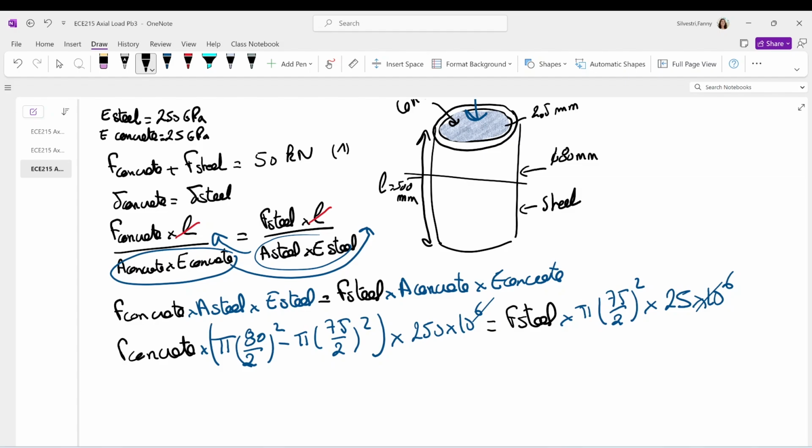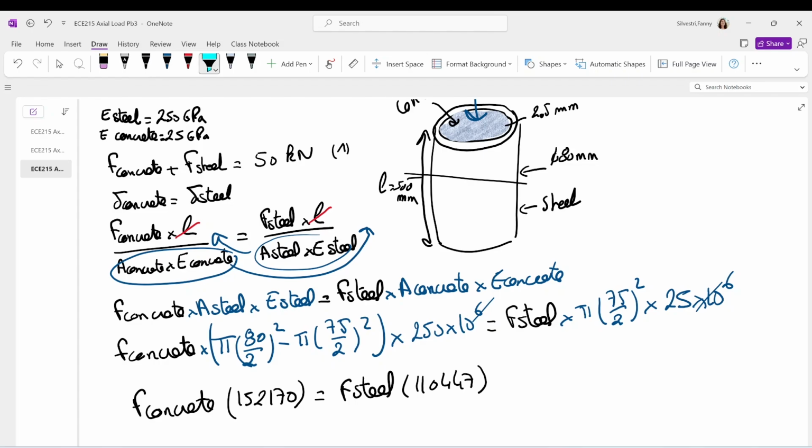And with all of that, let me give you the values, but I love to do a matrix. So this one gives us the force in the concrete times 152,170, maybe with a 10 to the 6, equal to the force in the steel times 110,447.